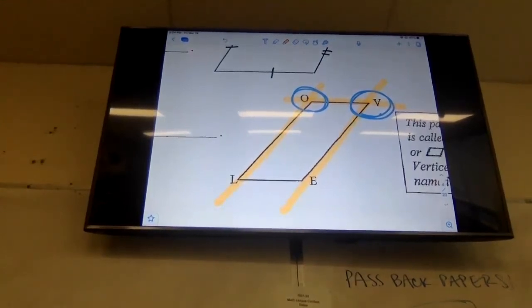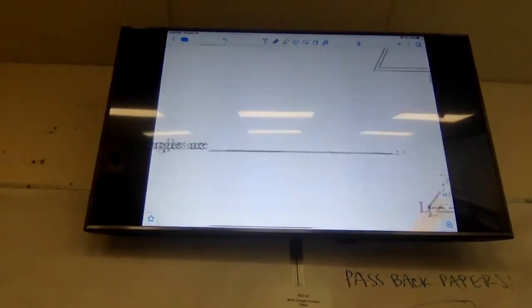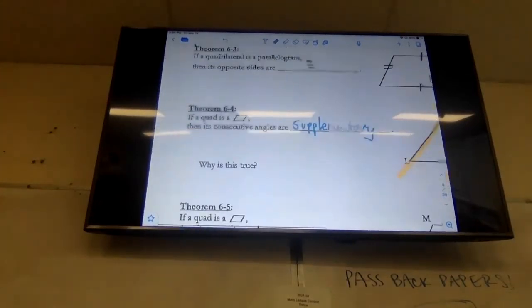That was a theorem we learned a long time ago with our parallel lines, and that is true here to this day. So consecutive angles are supplementary. And when it says, why is this true? We're going to say if lines are parallel, then consecutive interior angles are supplementary.